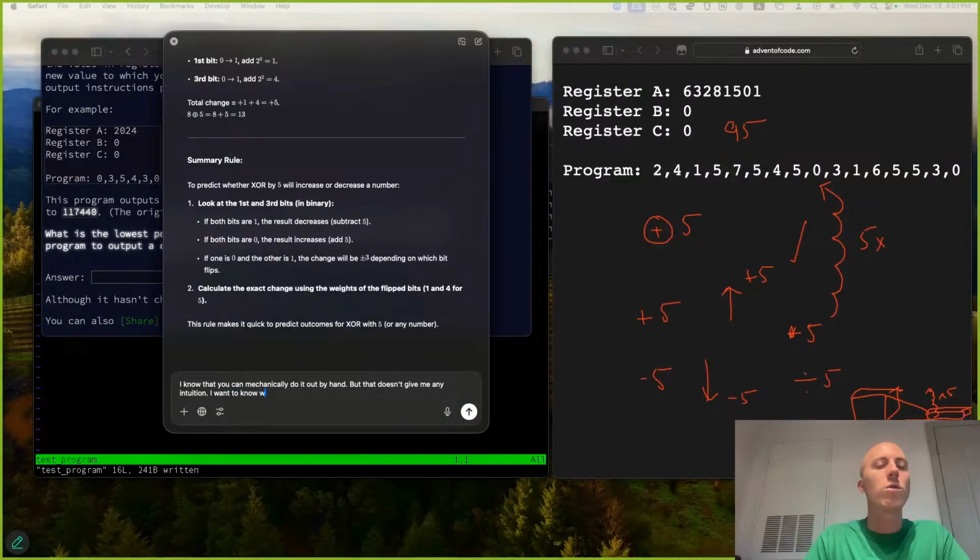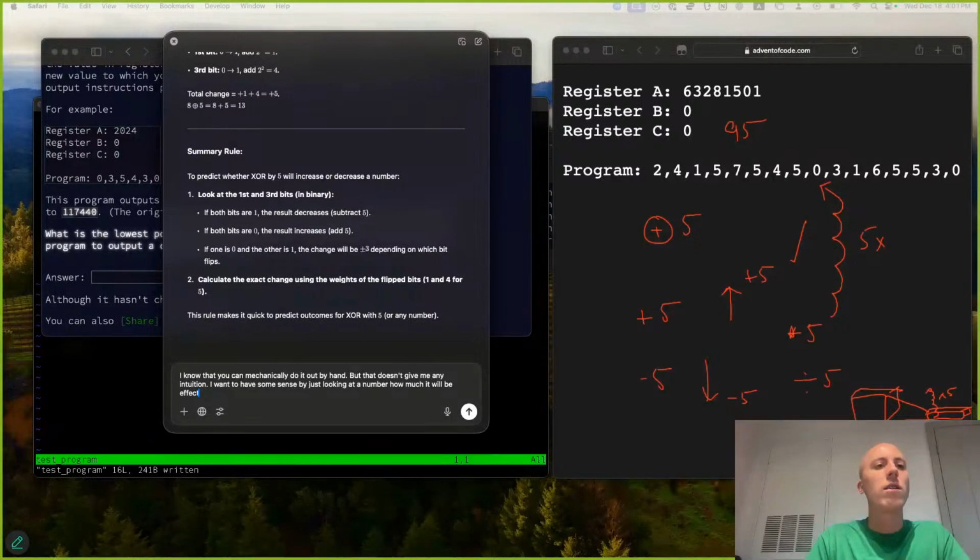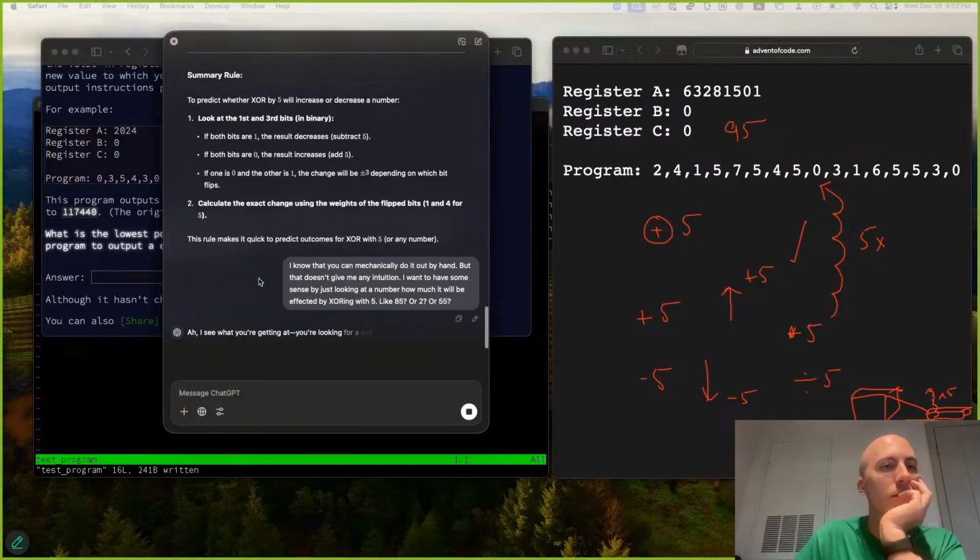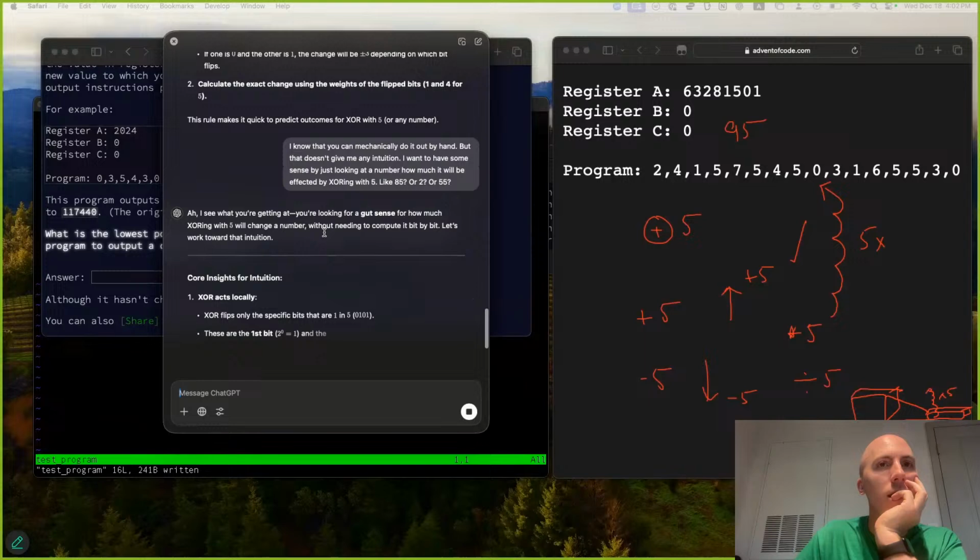I want to have some sense, by just looking at a number, how much it will be affected by XORing with 5, like 85 or 2 or 55. Gut sense.